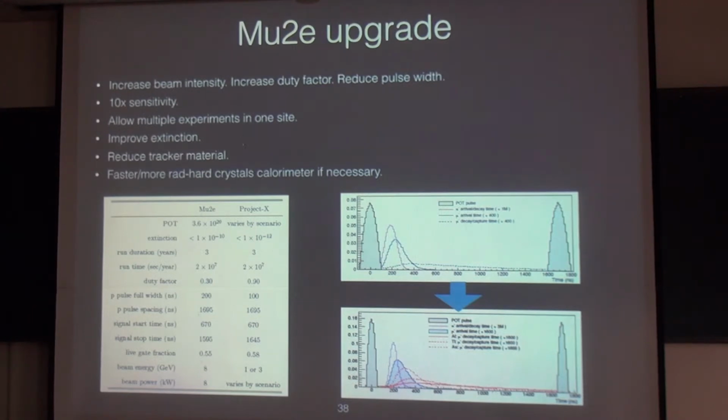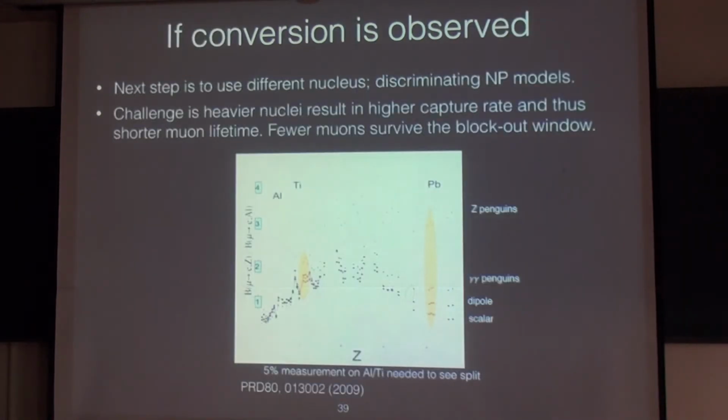We also need to improve the extinction, reduce the tracker material, and we need to review whether we need a very hard crystal calorimeter or faster ones. And if we are lucky and we see the conversion signal in the current Mu2e, the next step is to use a different nucleus.